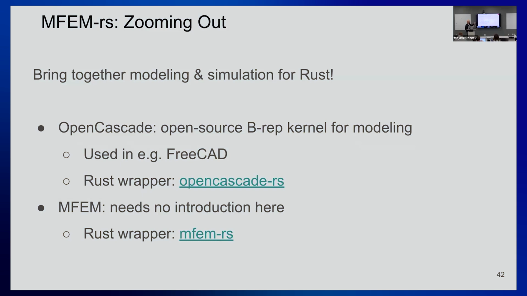And he maintains the Rust wrapper for this really old-school and widely used open source BREP kernel called Open Cascade. If you've ever used FreeCAD, for example, it's running on top of Open Cascade. So he maintains that, I've been helping him out with it, and I'm trying to build the same thing for MFEM.